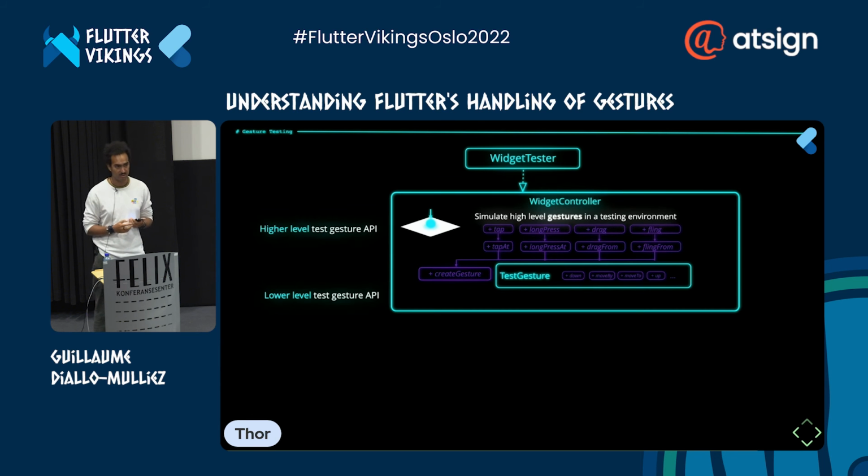So basically, with this, you are just emulating pointers on your screen, and you can recreate any gesture that you need to test. And so if you decided to implement a gesture recognizer to detect a Z shape, then you can test this behavior easily with this great API, which is a lower level API for emulating tests.